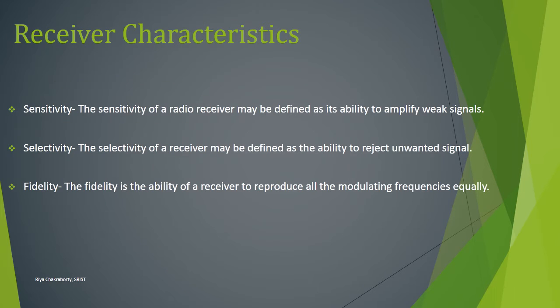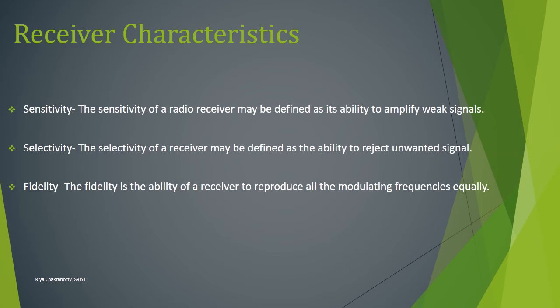Now the next part is receiver characteristics. Because the type of receiver is almost the same for various forms of modulation or system, it is generally most convenient to explain the various principles of a superheterodyne receiver.